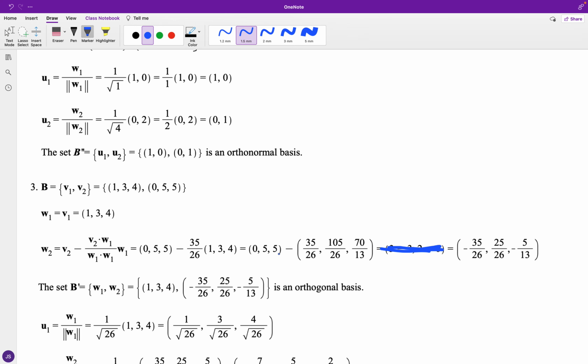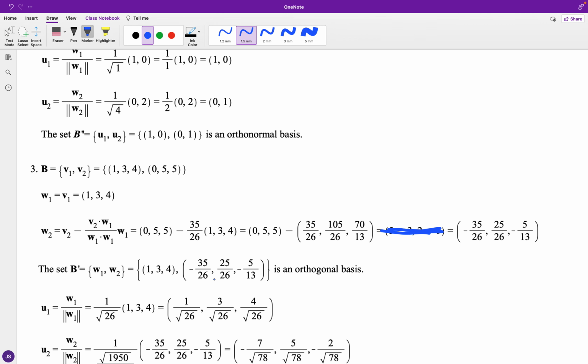And for the last component, we have 5 as 65/13 minus 70/13, and so that'll be negative 5/13. And now we have the set B prime, so we have W sub 1 and W sub 2.